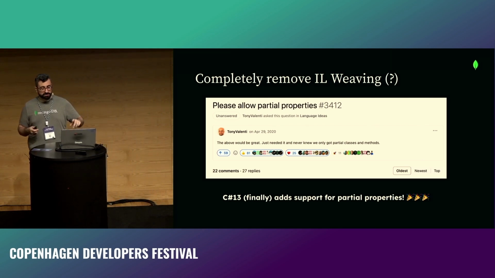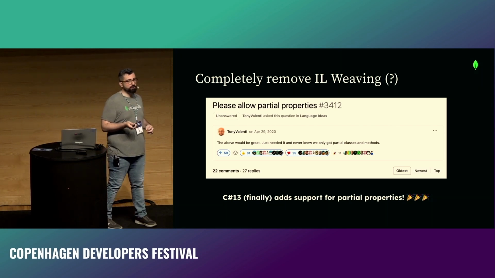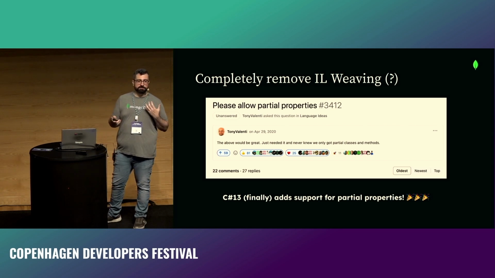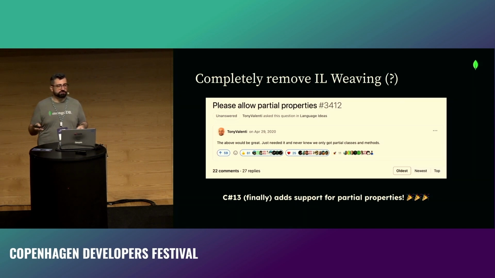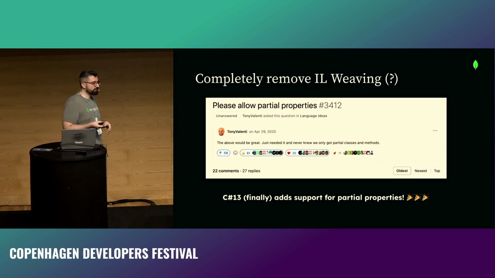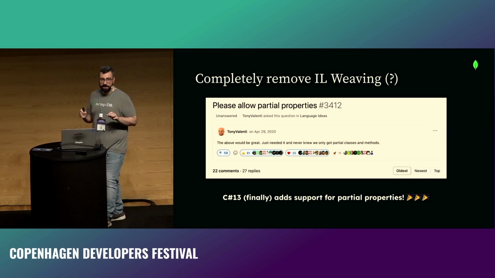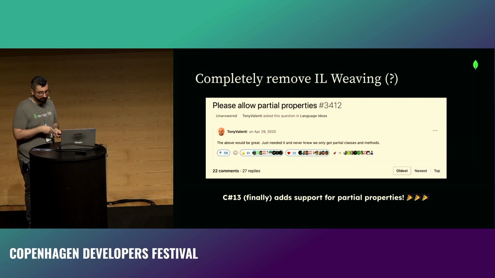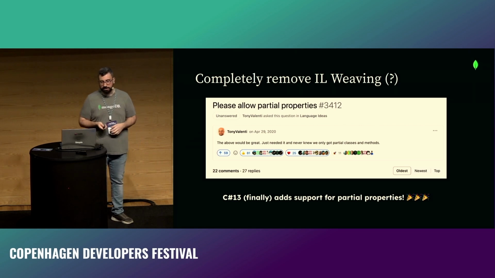Though it's true that C# 13 is going to support partial properties, and we're going to support them, the problem is that we also need to support older versions of C# and older versions of .NET, even .NET Framework. So this is more of a long-term plan, because we cannot simply drop support for older versions and be done with it.